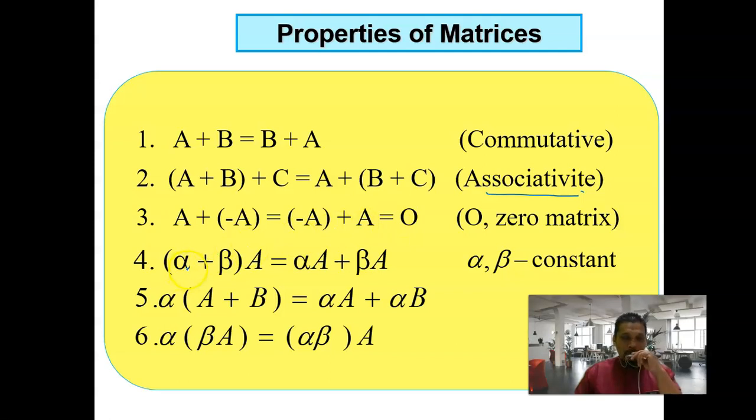And the scalar alpha plus beta multiplied with matrix A equal to alpha times matrix A plus beta multiplied with matrix A.